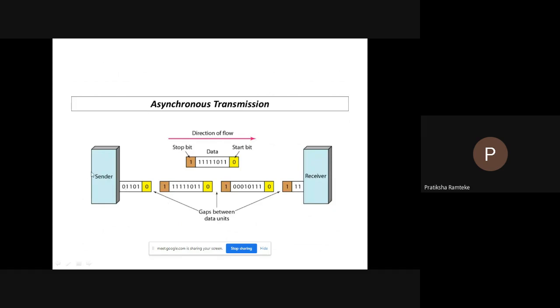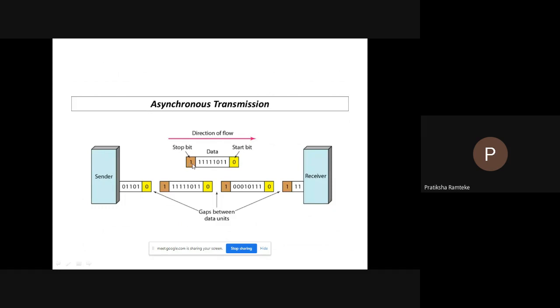For sending the data from sender to receiver, the data is transferred byte-wise or character-wise, and for transferring the data we use two extra bits, a stop bit and a start bit.